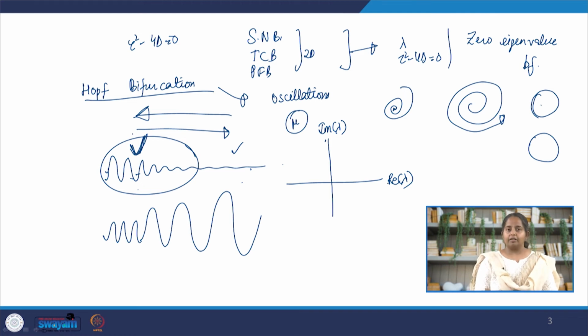So, the real part has got to be negative. So, we know that we are in the second and the third quadrant. Let us say our eigenvalues look like this.